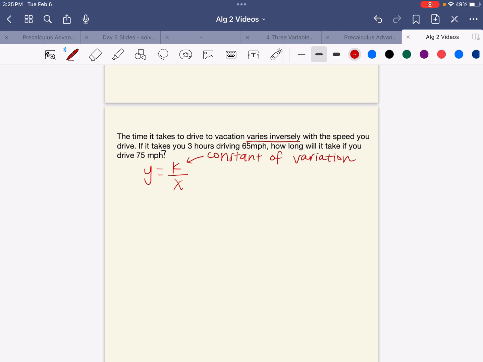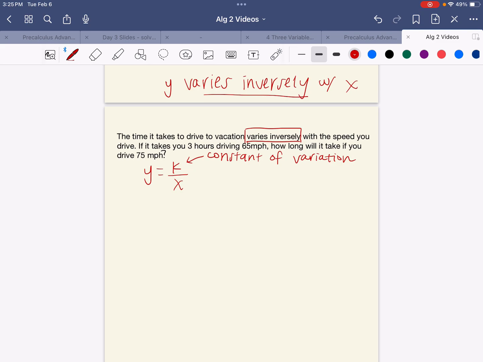Our first goal is going to be to find k. These words right here are also your key phrase to tell you what's x and what's y. So y varies inversely with x. Whatever comes before that phrase is y.